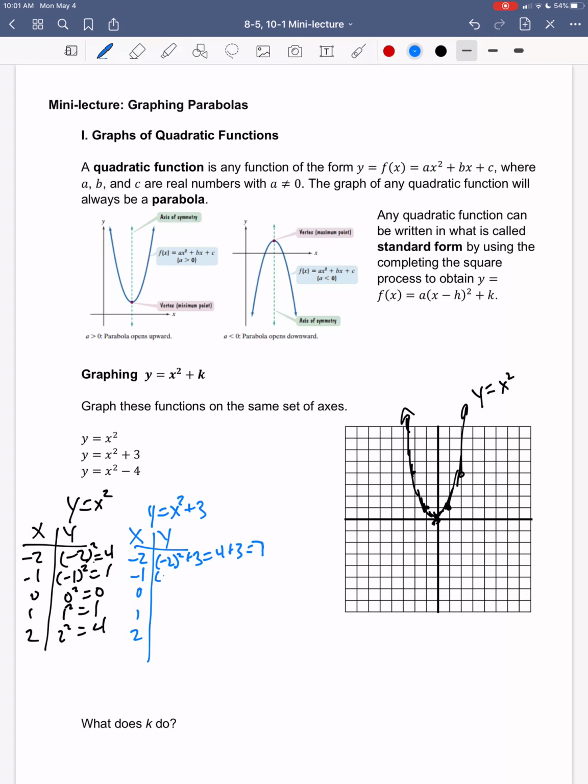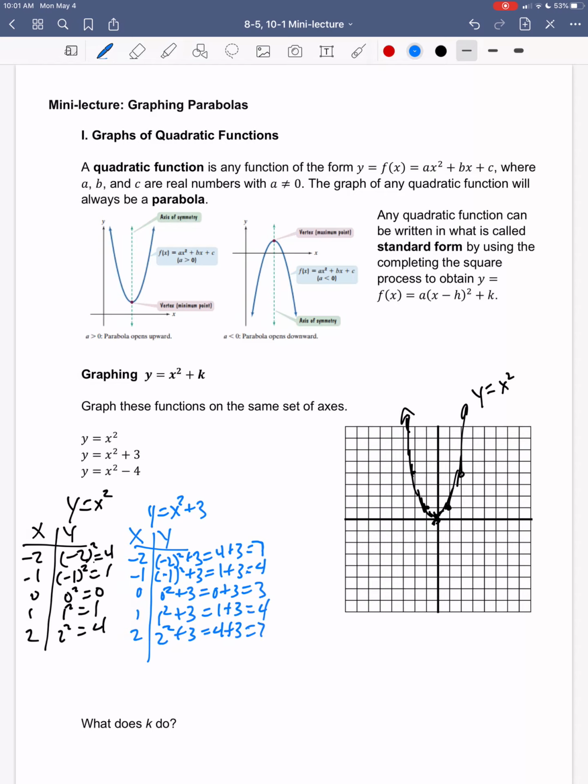And then negative 1 squared plus 3, that would be 1 plus 3, which is 4. 0 squared plus 3 would be 0 plus 3, which is 3. 1 squared plus 3 would be 1 plus 3, which is 4 again. And 2 squared plus 3 would be 4 plus 3, which is 7.